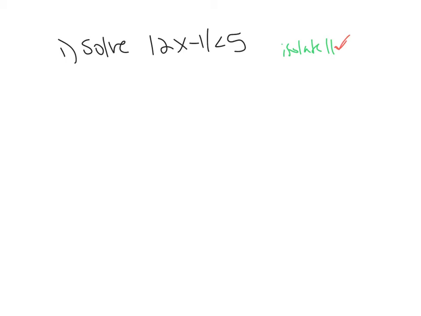Next, we need to look at our sign and say, do we have a less than or greater than? If we look here, this is a less than, so it's an and equation. When we have an and equation, that means I'm shading the middle part, something is greater than one part and less than another part.